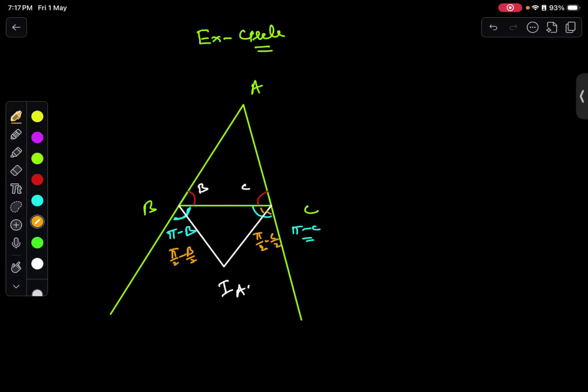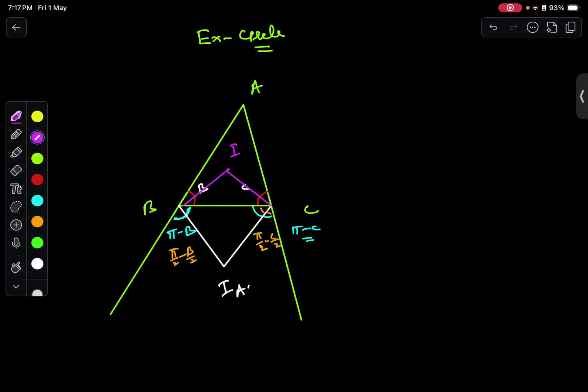But one more thing, then you can go ahead with this. We have already seen that if I'm taking this I, this I was the internal angle bisector.